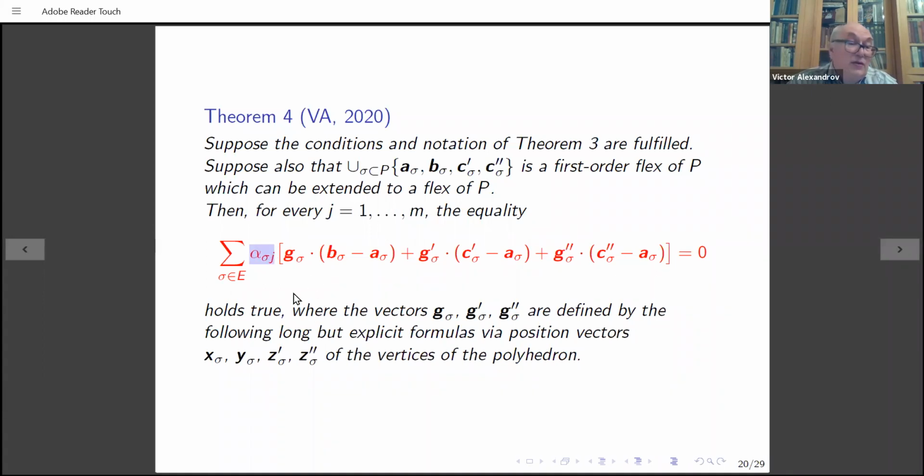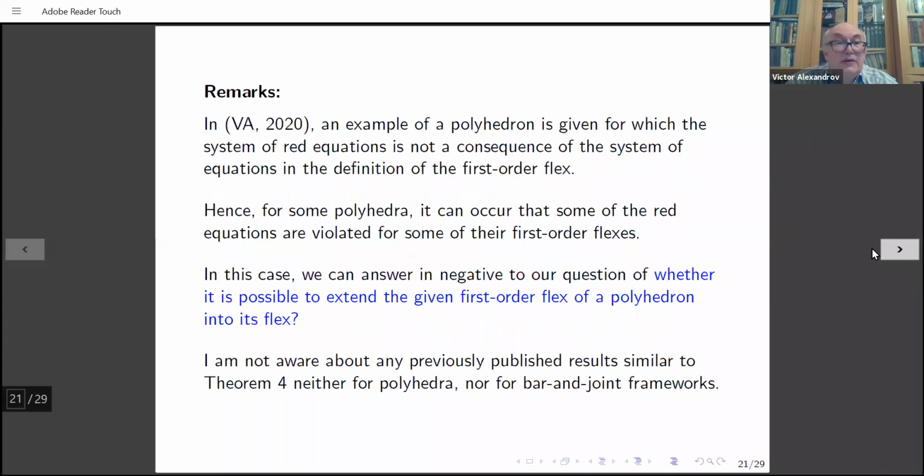They are rational numbers or even integer numbers, and they are prescribed to us by the edge lengths of the polyhedron. And these vectors G sigma, G prime sigma, G2 prime sigma are also given to us as soon as the polyhedron is given. So this is a linear equation for the first order flex. I will refer to it as the red equation in the future.